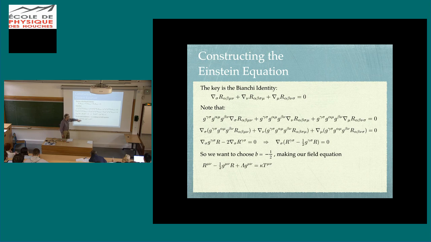And so our field equation is going to be of this form. In other words, we needed to choose that b factor to be -1/2, and then everything on this side has 0 divergence. And so this is the Einstein equation.